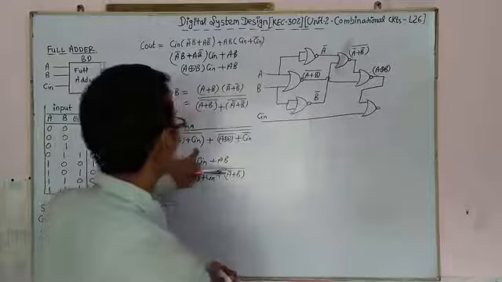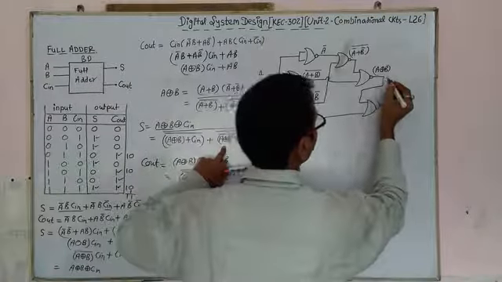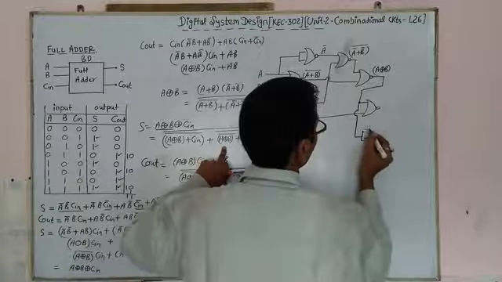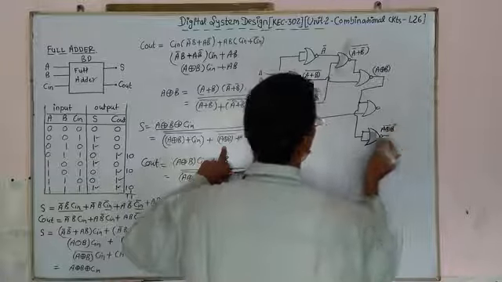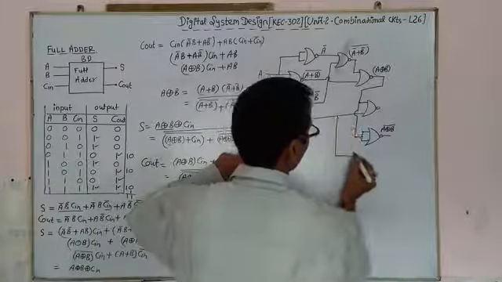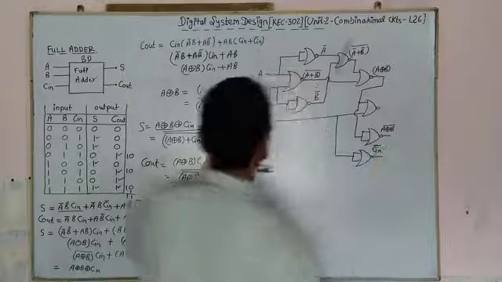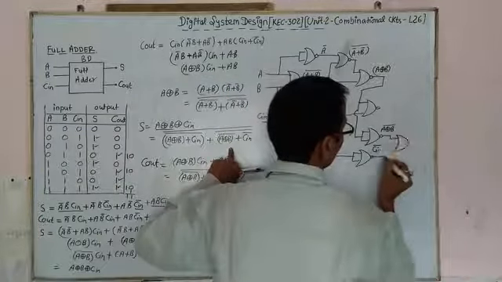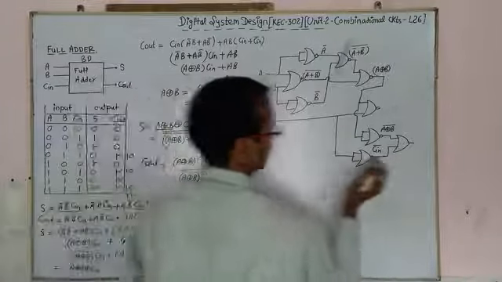This A XOR B bar plus C in bar, and again we are adding here. So this is nothing but A XOR B bar plus C in bar.